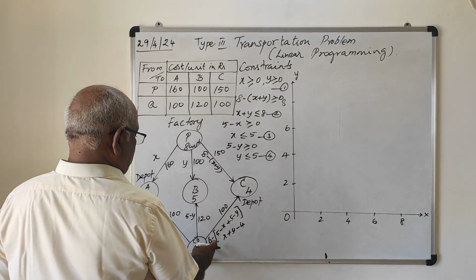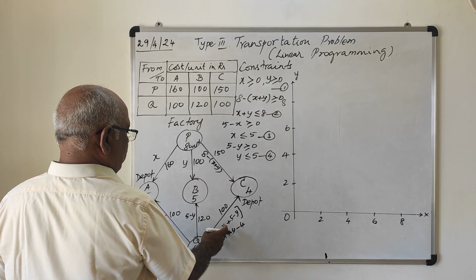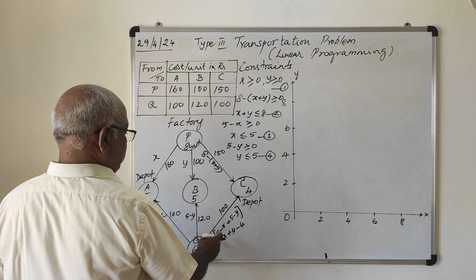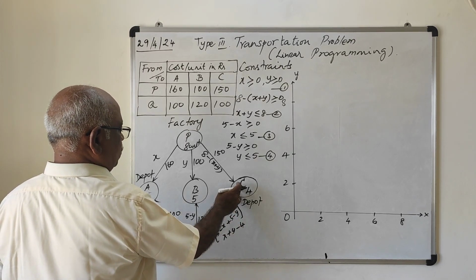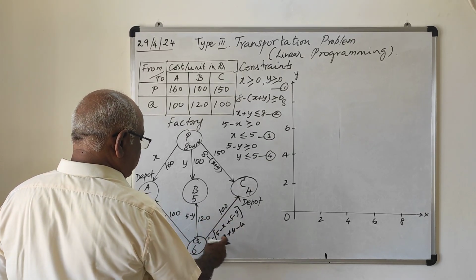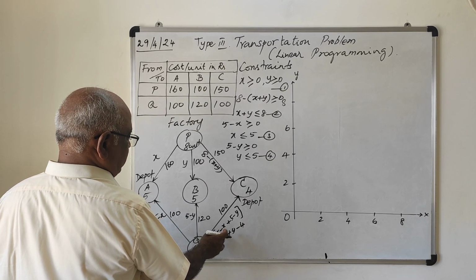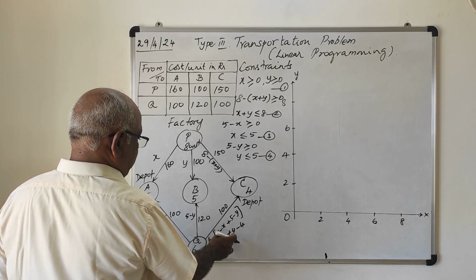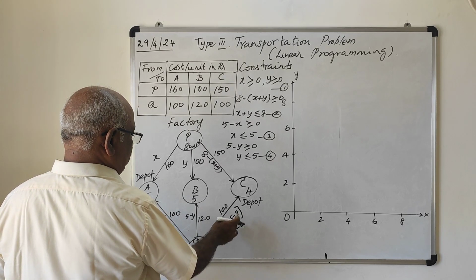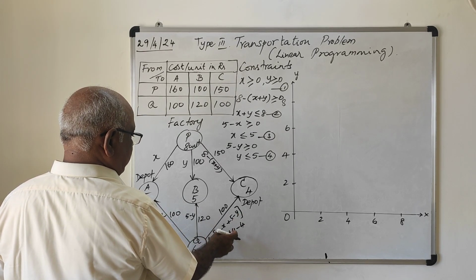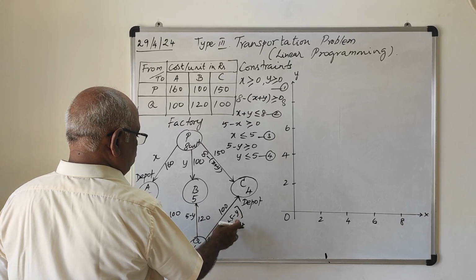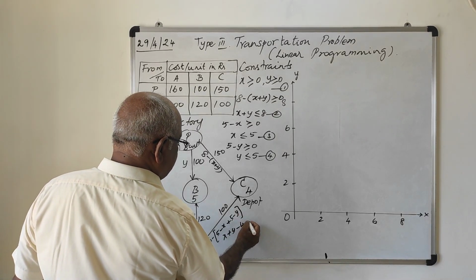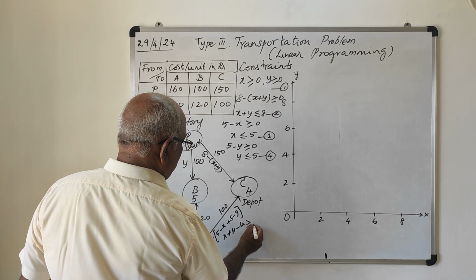Similarly, 6 minus ((5 minus x) plus (5 minus y)) is transported from the factory Q to the depot C. On simplification, bringing the minus inside, you get x plus y minus 10 plus 6, that is, x plus y minus 4 is greater than or equal to 0.